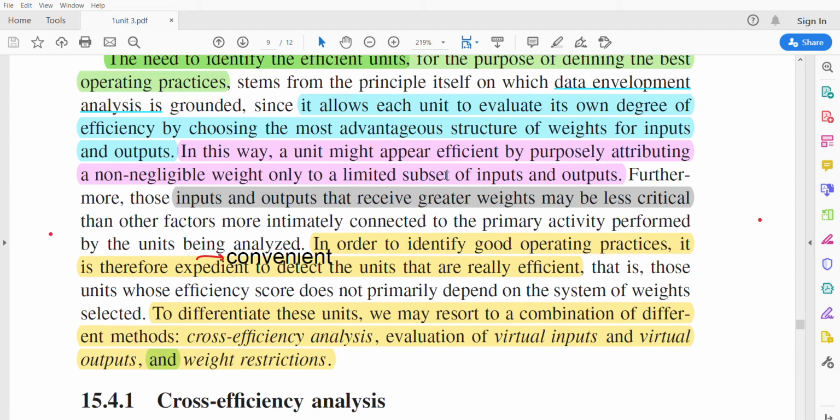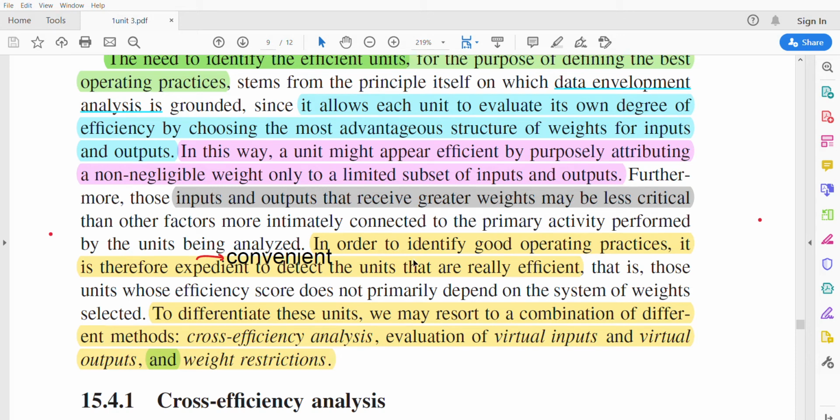Those might appear in the efficient units, but some of the inputs and outputs that are receiving greater weights may be less critical.